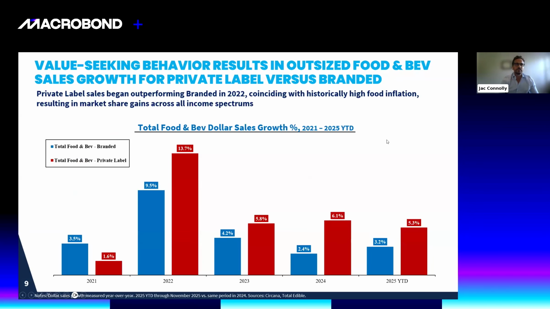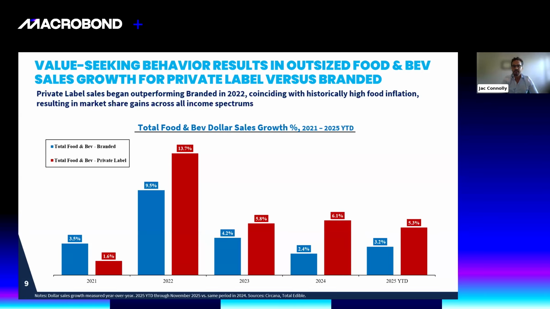And the way we see this coming to life in food and beverage, right, is that value-seeking behavior is translating to robust dollar sales growth for private label manufacturers, right? And so as this chart shows, we're looking at total food and beverage dollar sales growth for branded players, right? That's the blue bar. Private label is the red bar.